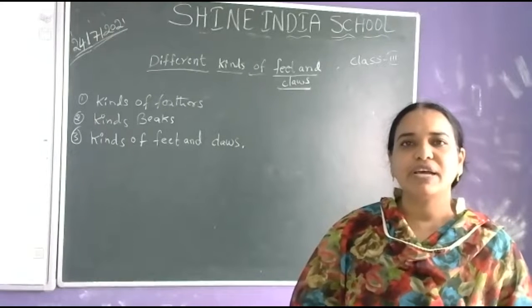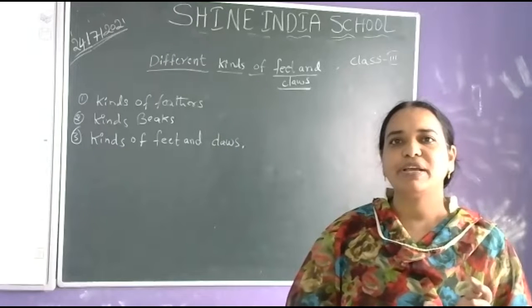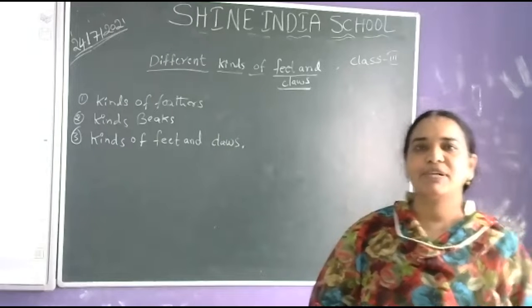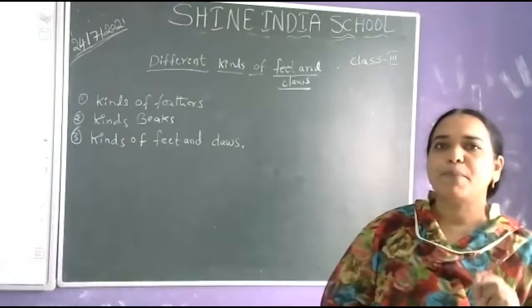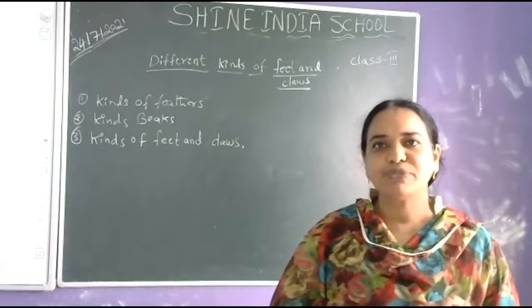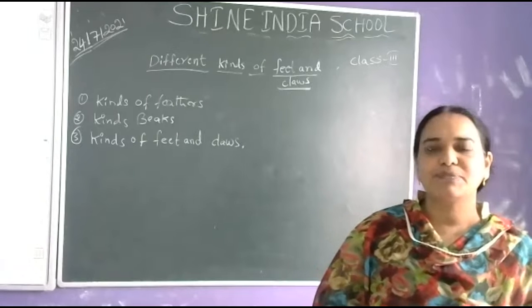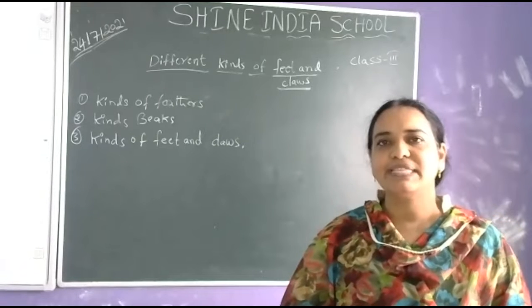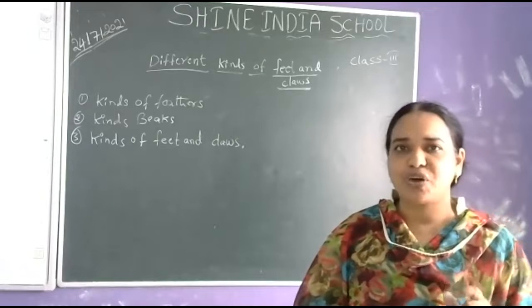Some birds have a sharp, curved, hooked beak that helps to catch animals. Some birds like sparrows have a sharp, pointed beak. It helps to pick the grains. Like that, the parrot has a curved and sharp beak.